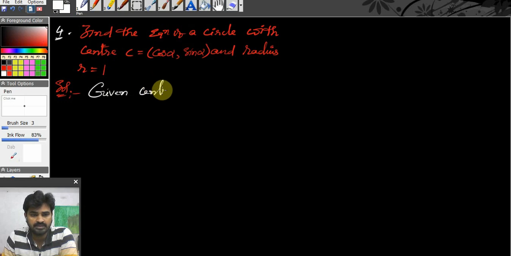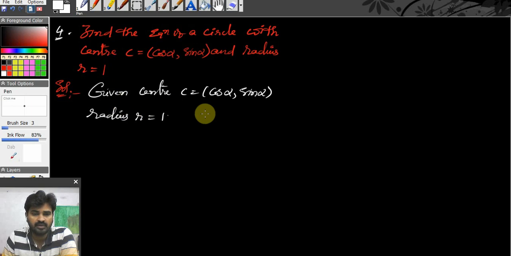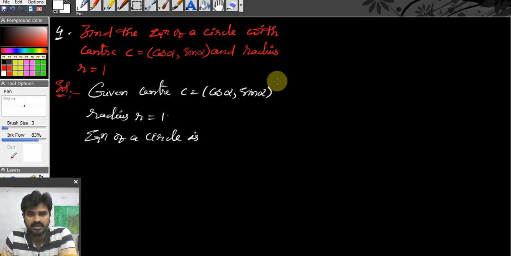Given that center C is (cos alpha, sin alpha). Radius r is equal to 1. Then what do you have to find here? The equation of a circle, when the center and radius are given.